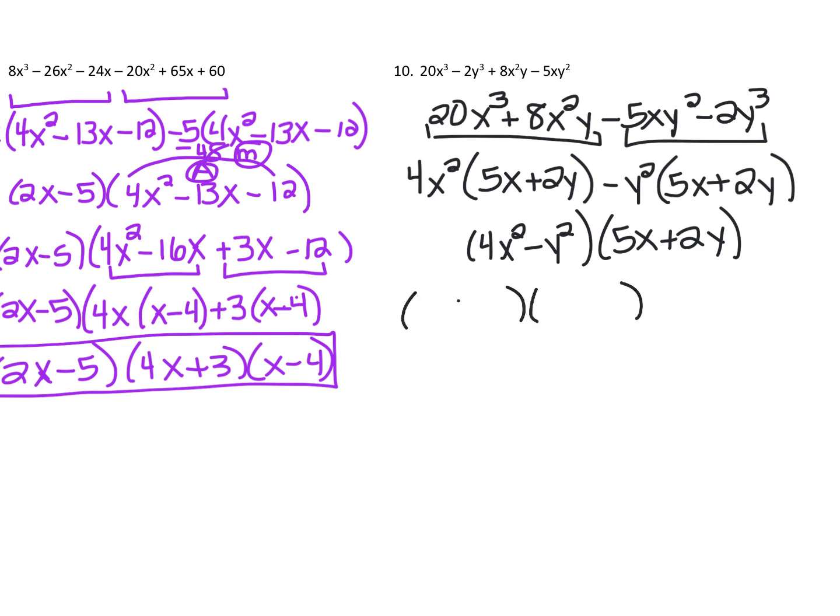Okay, so we know with dots, one gets addition, one gets subtraction. The square root of 4x squared would be 2x. And then the square root of y squared would just be y. And we can bring down the 5x plus 2y. It doesn't look like anything else can be factored further. So there we go.